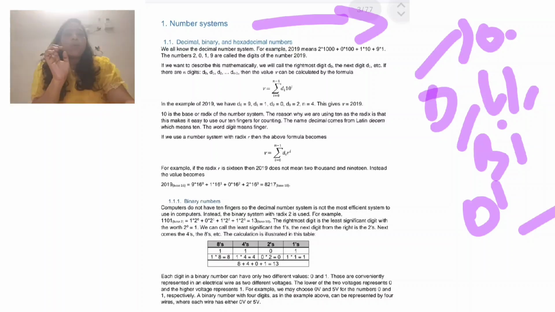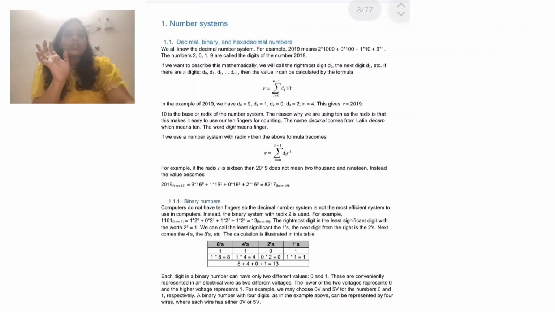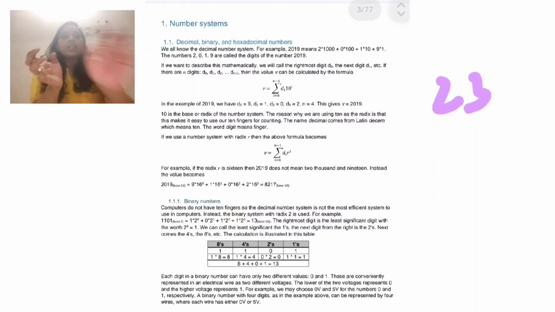Okay, so let us see how we can perform this calculation. In this example they gave some summation of digits. For example, if we take decimal values, 23. This is your decimal value. If you want the binary value, how can we get this?